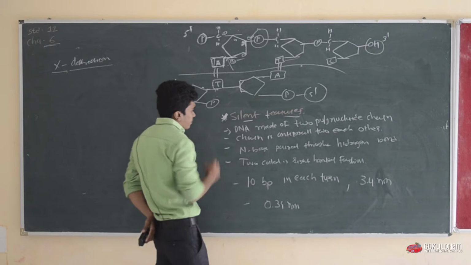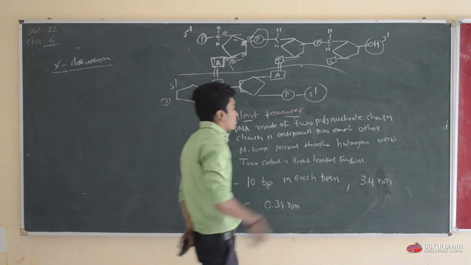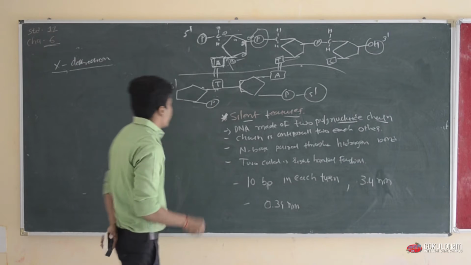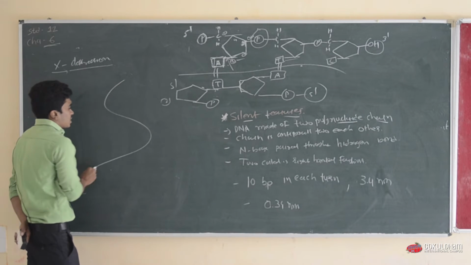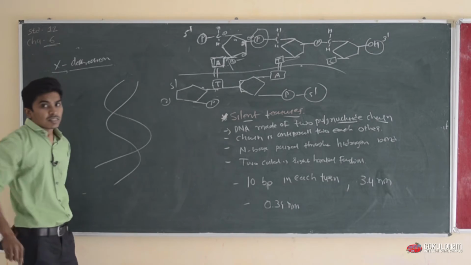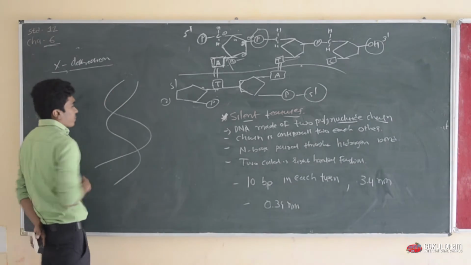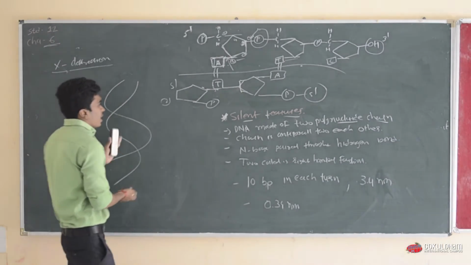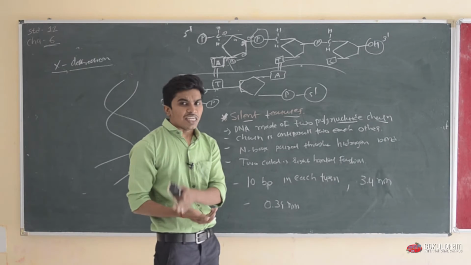They said that DNA is made up of two polynucleotide chains.